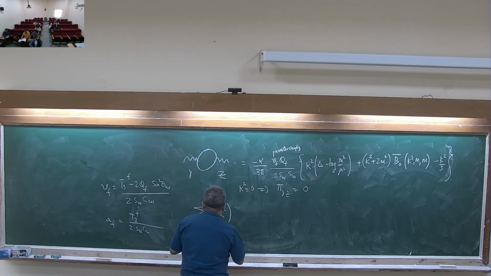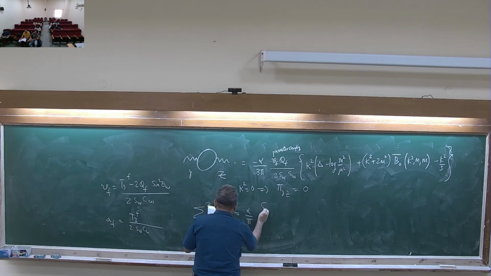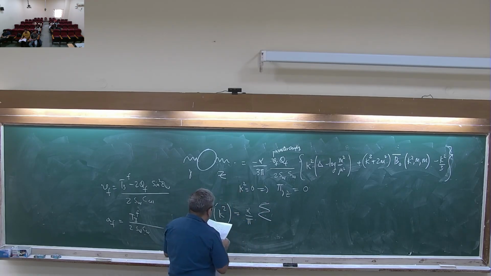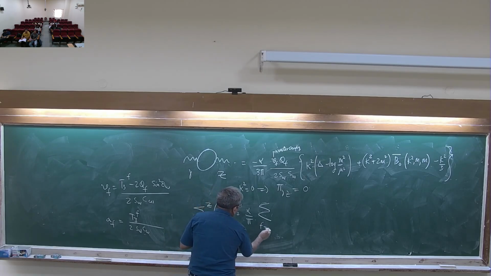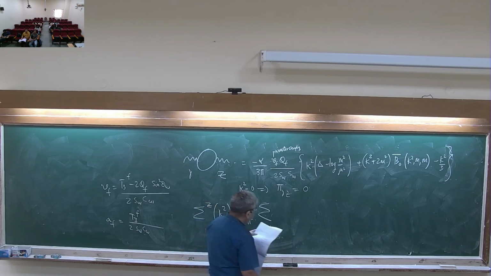So gamma Z equals alpha by pi, sum over all fermions. Here F is equal to up plus and minus. So what is plus and minus?